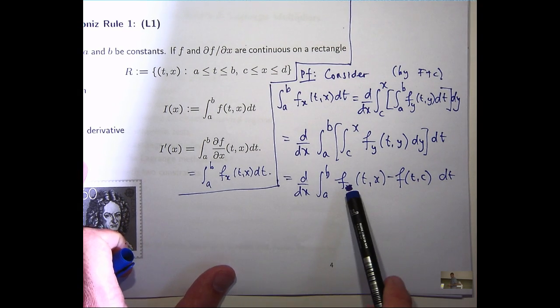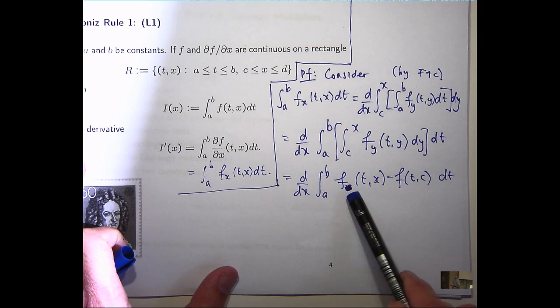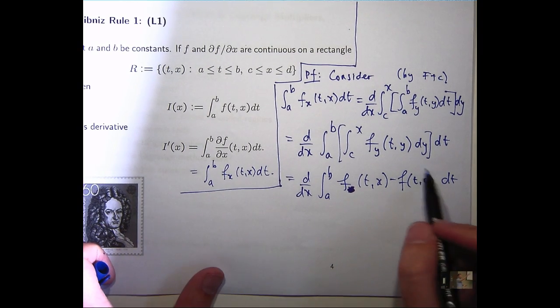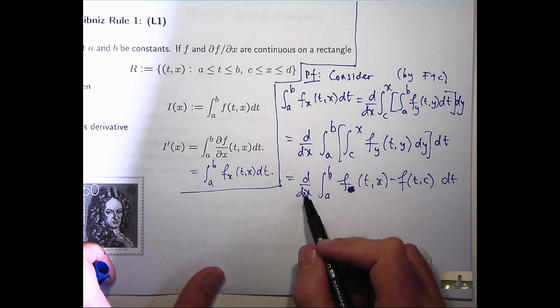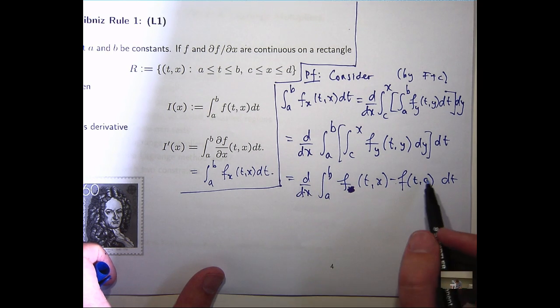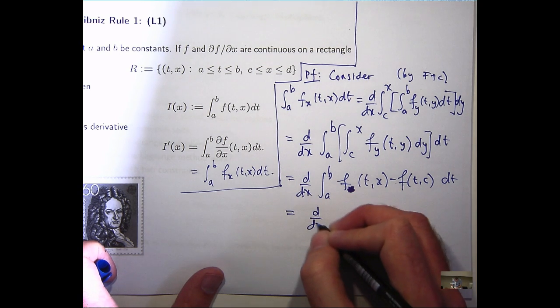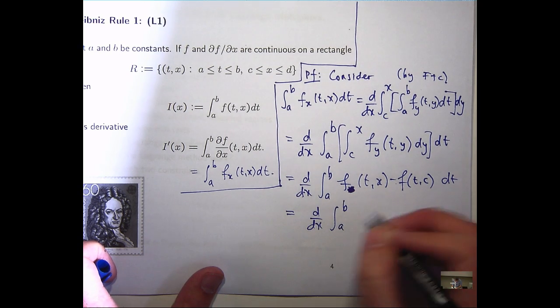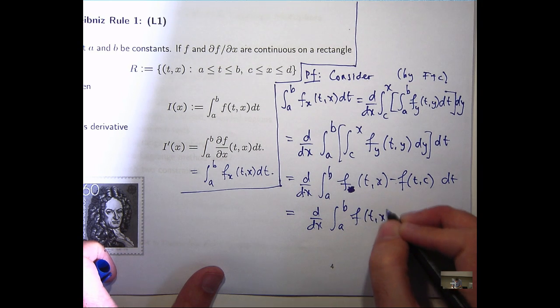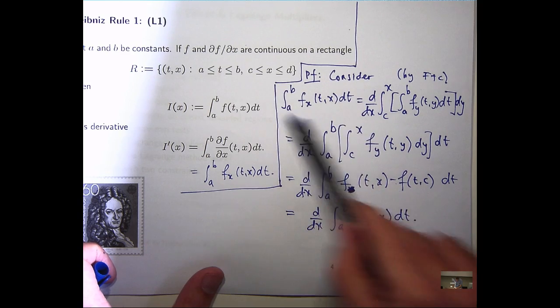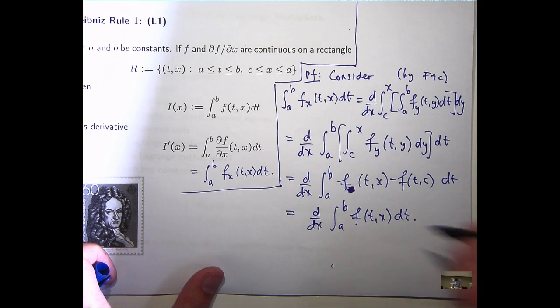So no subscript here, just f. Well, this doesn't depend on x at all, so when I differentiate this, it's just going to be 0. So this then is just the following. So this is equal to this. Again, in this line I'm just using the fundamental theorem of calculus.